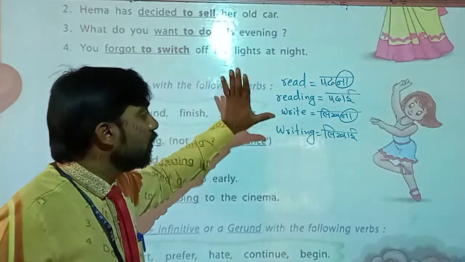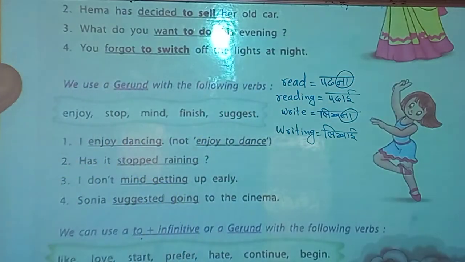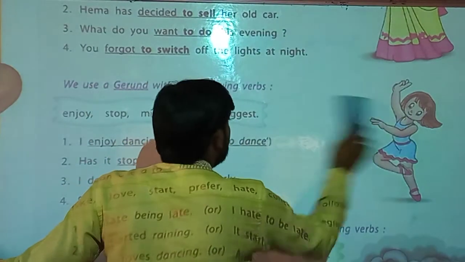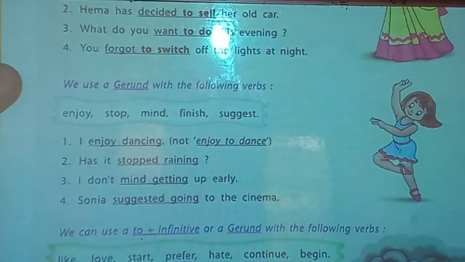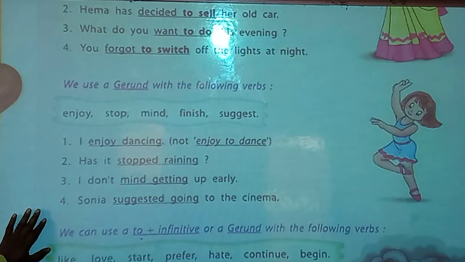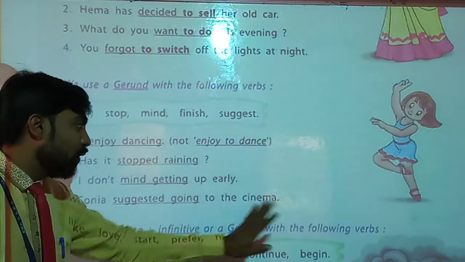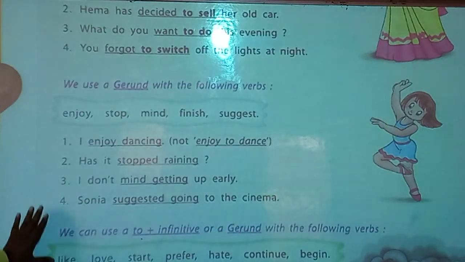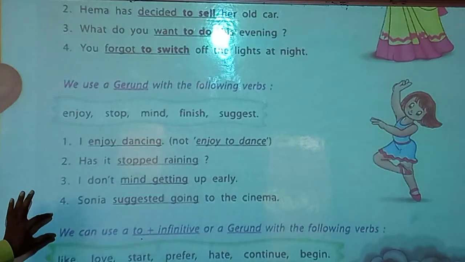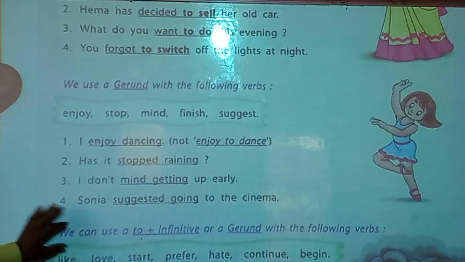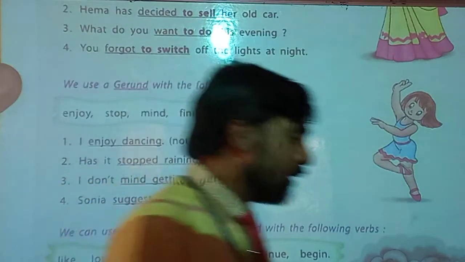Now, let's see what is given here. We can use infinitive or gerund with the following words. क्या दिया है? हम gerunds और infinitive कहाँ यूज कर सकते हैं?